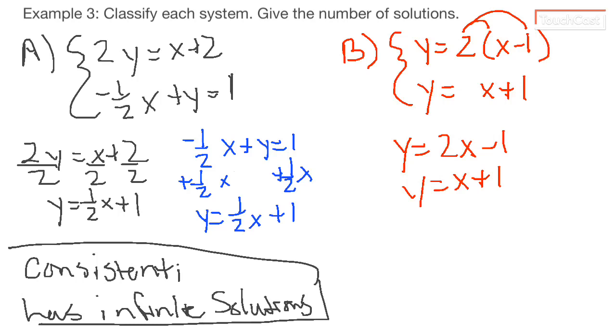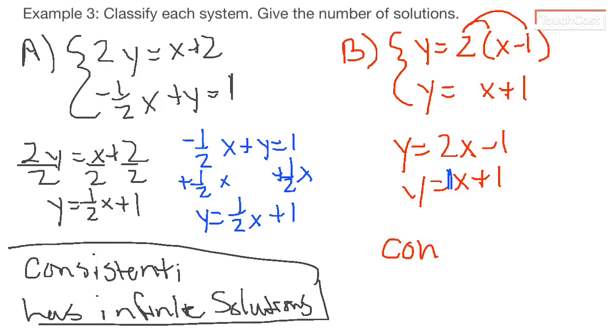Now, what I notice is the lines are not the same, but they do have different slopes. The numbers that are in front of x, we've got a 2, and then in the second equation there is technically a 1 there. Since they have different slopes, they are going to intersect, which means that this system is consistent.